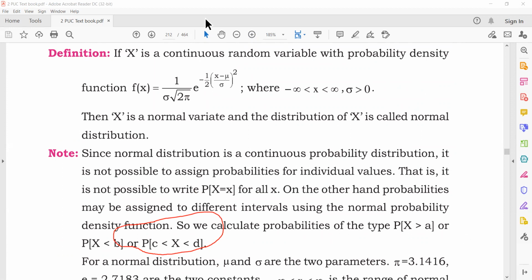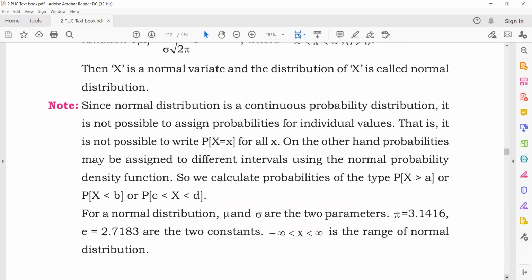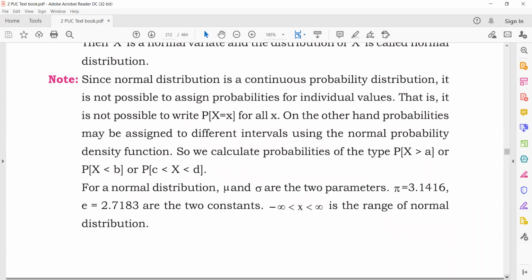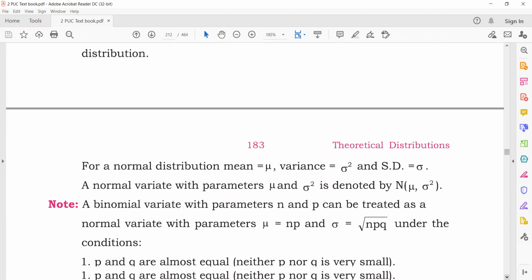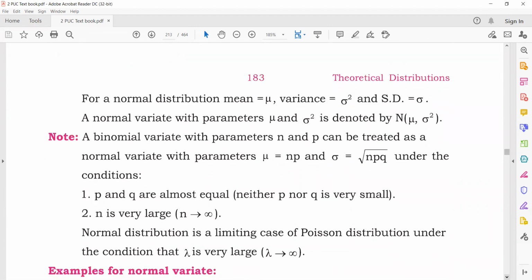The first property is that since it is a continuous distribution, you cannot assign probabilities for particular values, but only for a range of values, like x is above some point A, x is below some point B, or in between some points C and D. This is for all continuous distributions. Later we'll look into three more continuous distributions closely associated with normal, and we'll see the same property there.